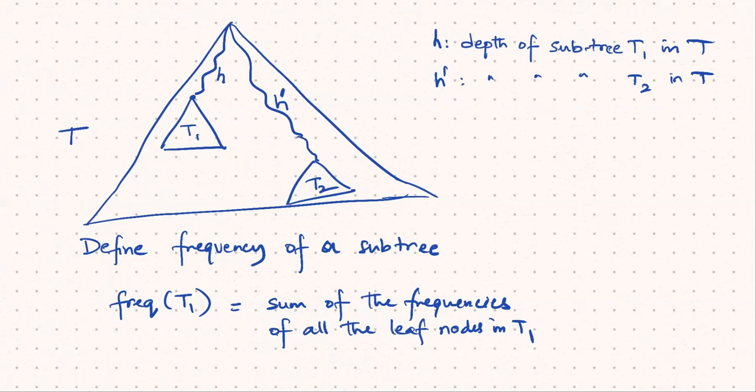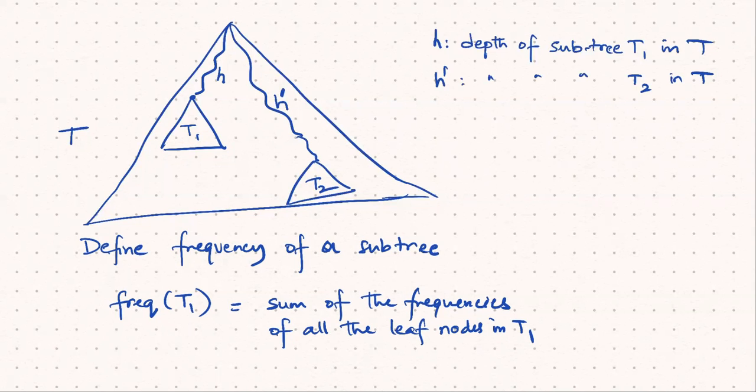So for example, in T1, we look at all the leaf nodes, and all those leaf nodes are symbols. We've said that the symbols will occur only at leaf positions in the tree, and each symbol has a certain frequency.